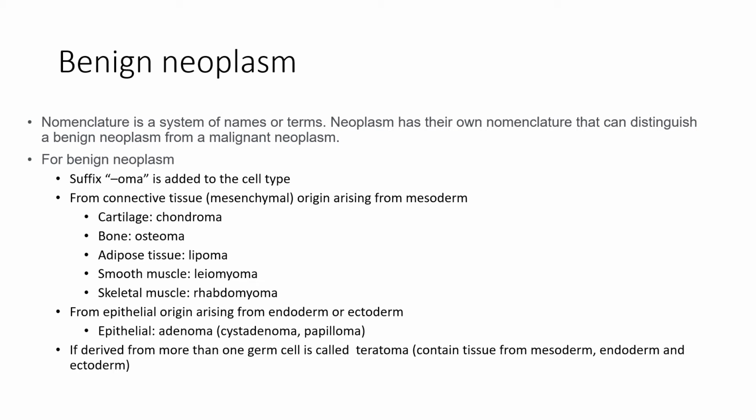A bone neoplasm is called osteoma. A benign adipose tissue neoplasm is called lipoma. If it's from the epithelium, it can be called an adenoma. If it is derived from more than one germ cell layer, it is called a teratoma, usually containing tissue from the mesoderm, endoderm, and the ectoderm.